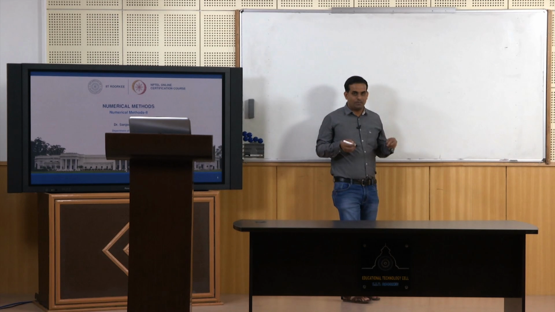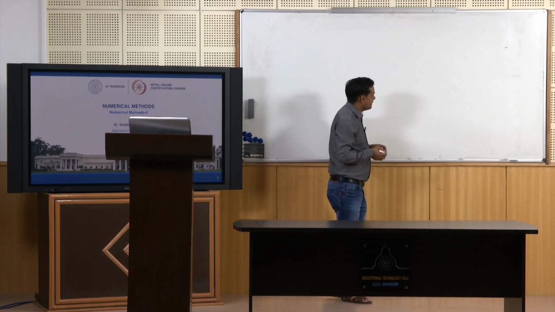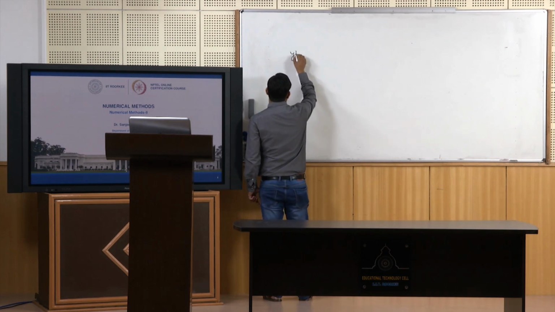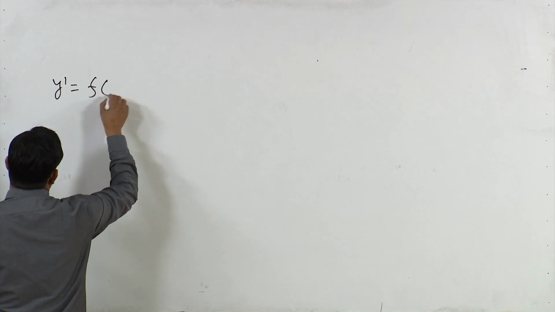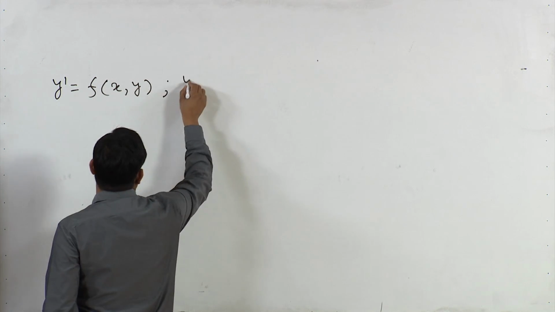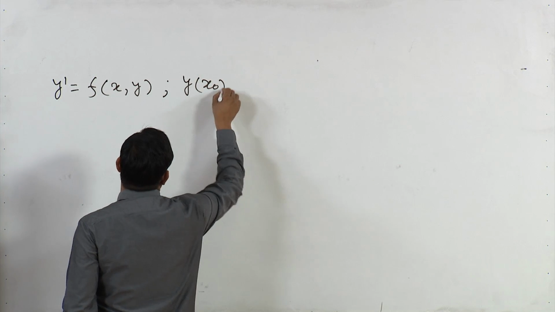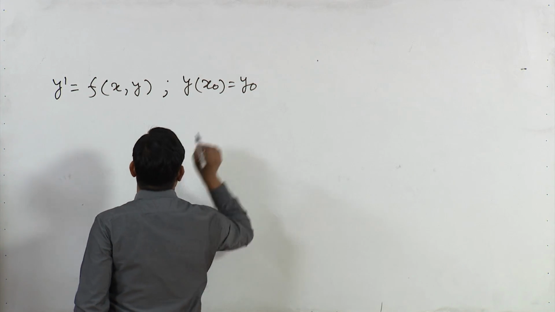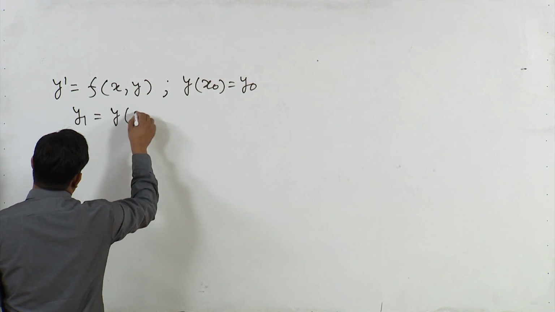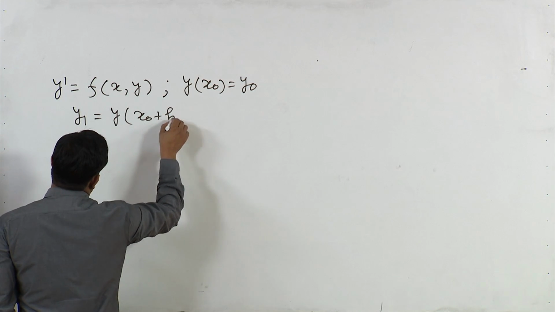So, if I want to explain this method, the problem is that I need to solve y prime equals f of x, y, with y of x naught equals y naught, and I want to calculate y1, which is the value of y at x naught plus h.